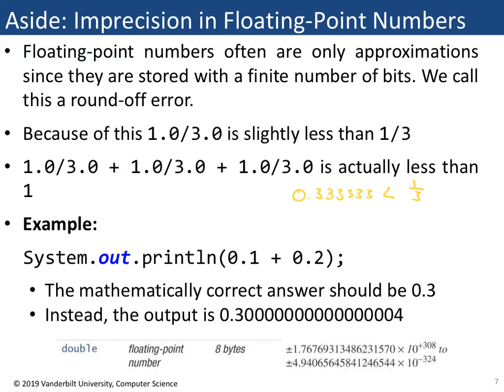Another example that you can test out is if you were to issue a print line statement in which you pass as argument the expression 0.1 plus 0.2, the correct result is obviously a precise 0.3 mathematically. However, the output which is displayed to the screen is most likely going to be something like 0.3 followed by many zeros and a 4.